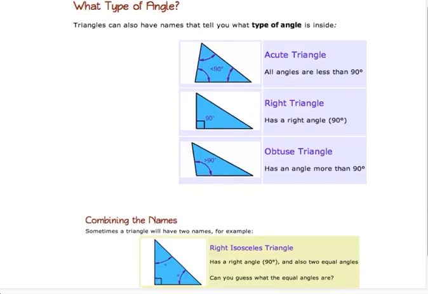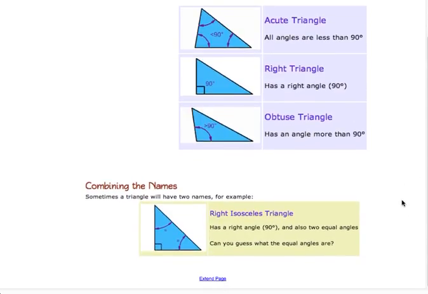A triangle can have a combination of these 2 types. This triangle is a right isosceles triangle. It means that it is made up of a right angle, remember the little box, and 2 sides that are exactly the same length.